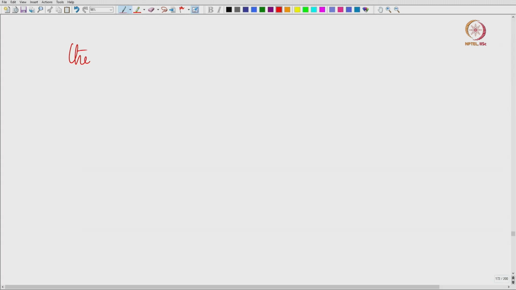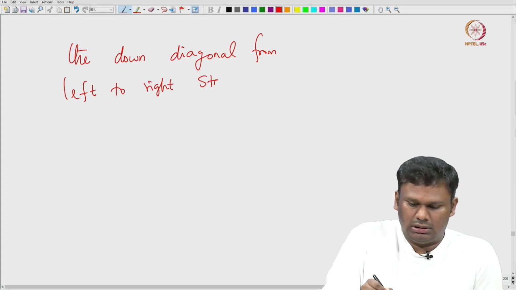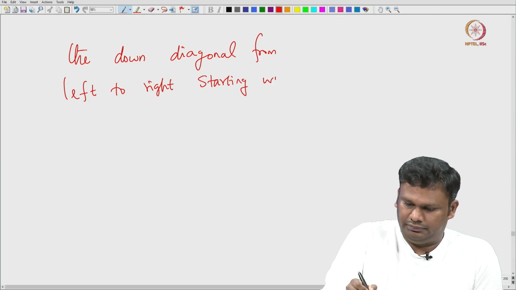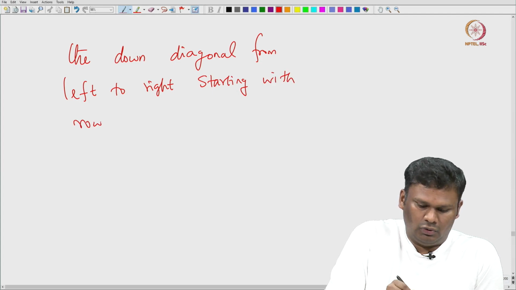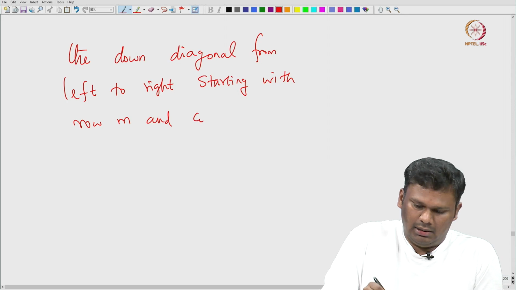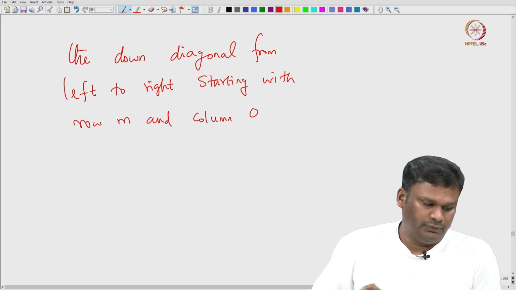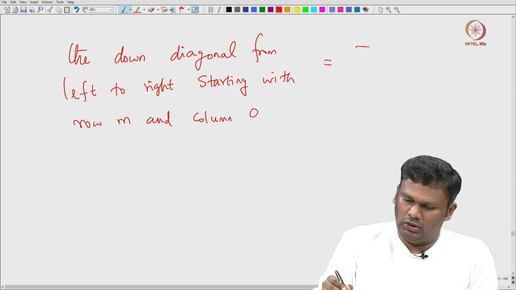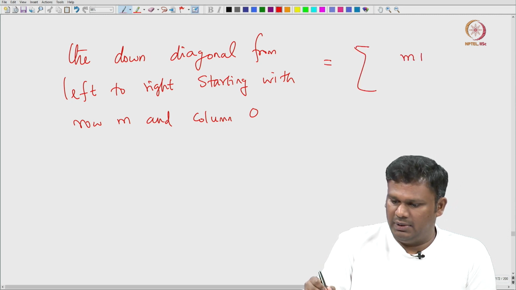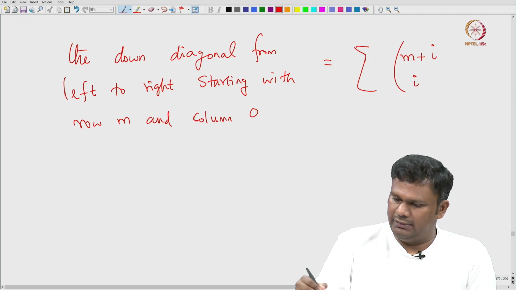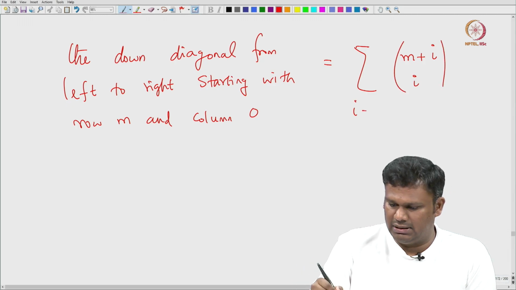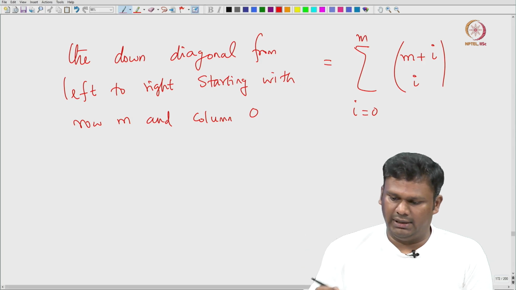The down diagonal from left to right, starting with row m and column 0, is exactly equal to the summation of m plus I choose I, where I is running over from 0 to n.